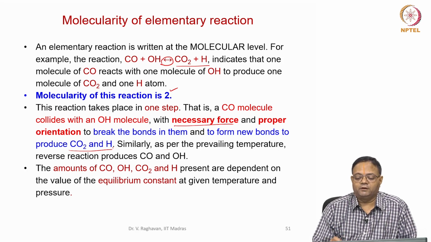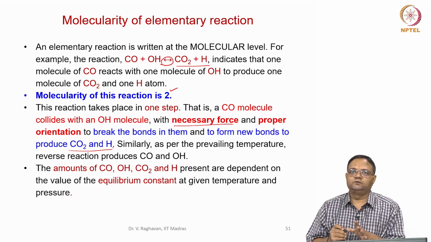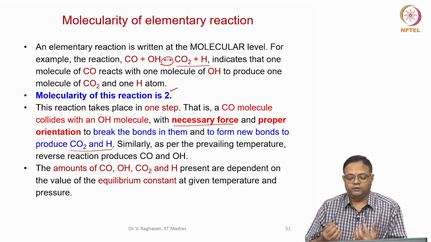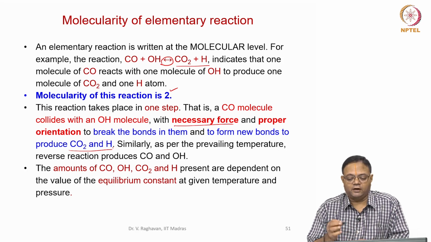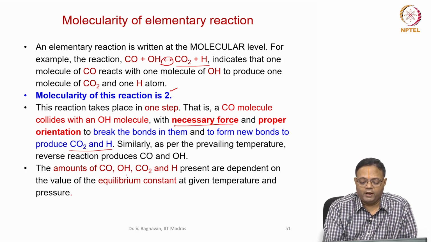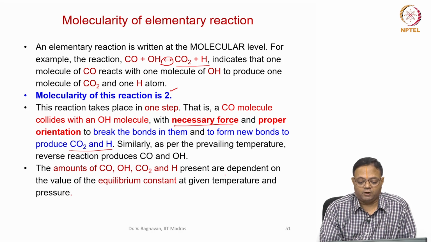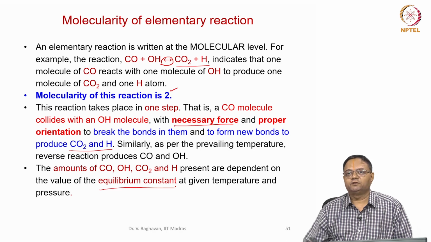So, at a given temperature and pressure, there will be some amount of CO, OH, CO2 and H. The particular condition will favor the forward or reverse reaction. So, again equilibrium will tell us. The amounts of CO, OH, CO2 and H present depend on the equilibrium constant at a given temperature and pressure. We have already seen this.